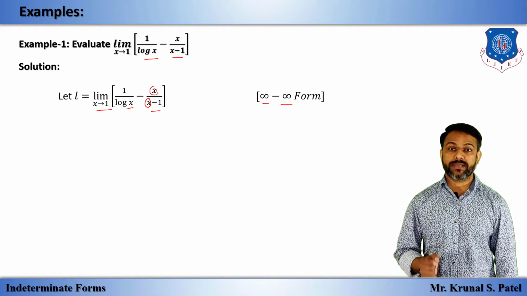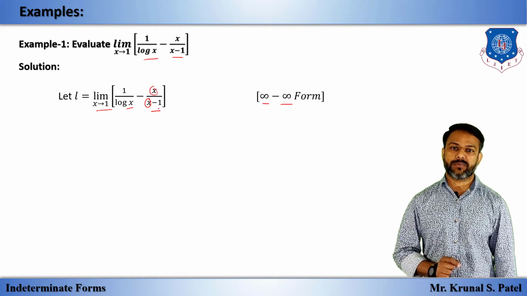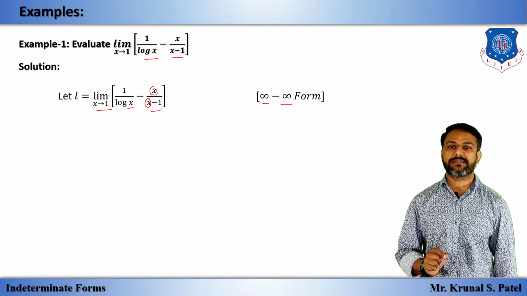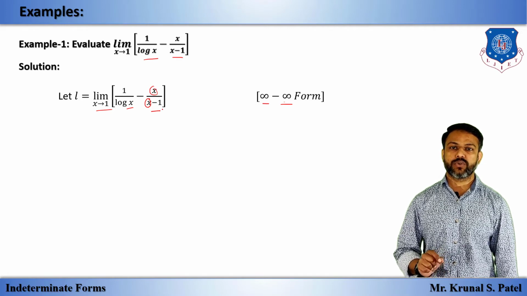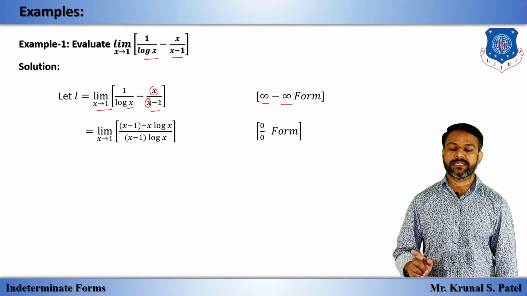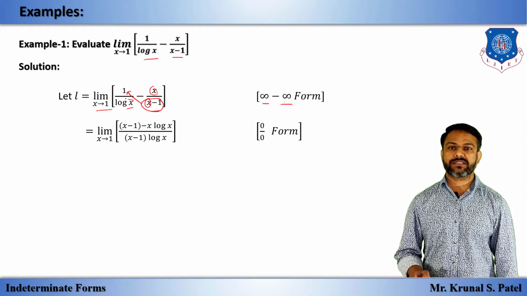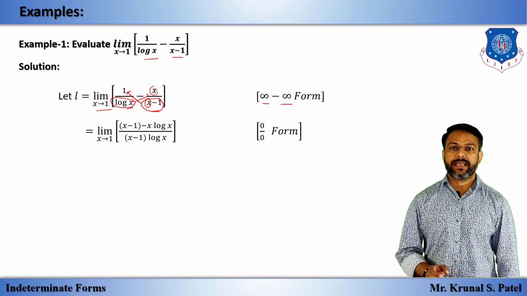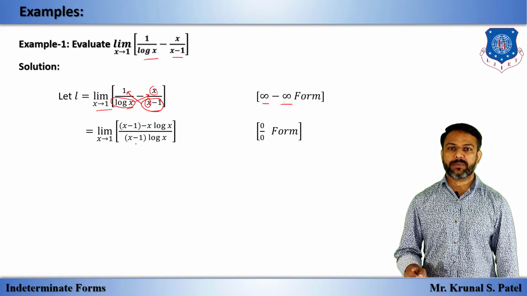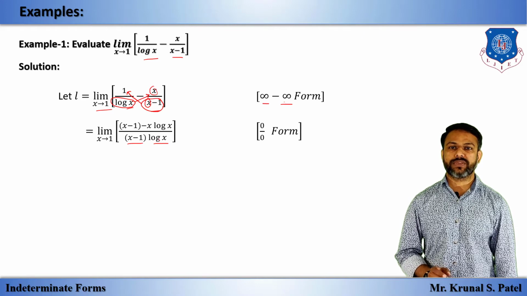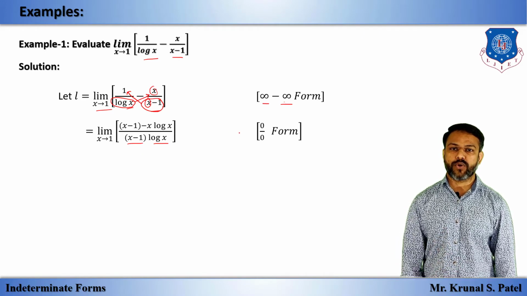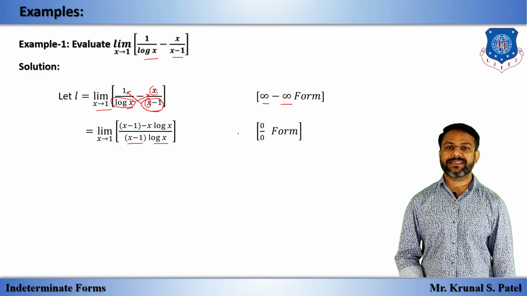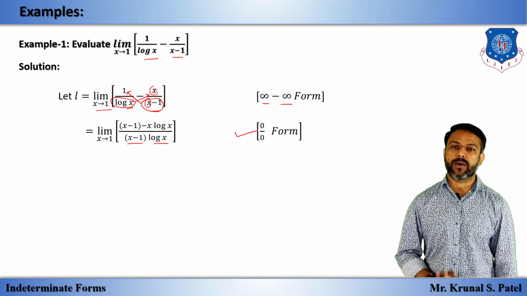Now as I told, if infinity minus infinity form occurs, you have to take LCM compulsorily. So if we take LCM, this x minus 1 goes to this 1, multiplied with 1, and log x we multiply with the x, and in the denominator the multiplication of these two terms. So we have this kind of form, and this is always 0 by 0 form.